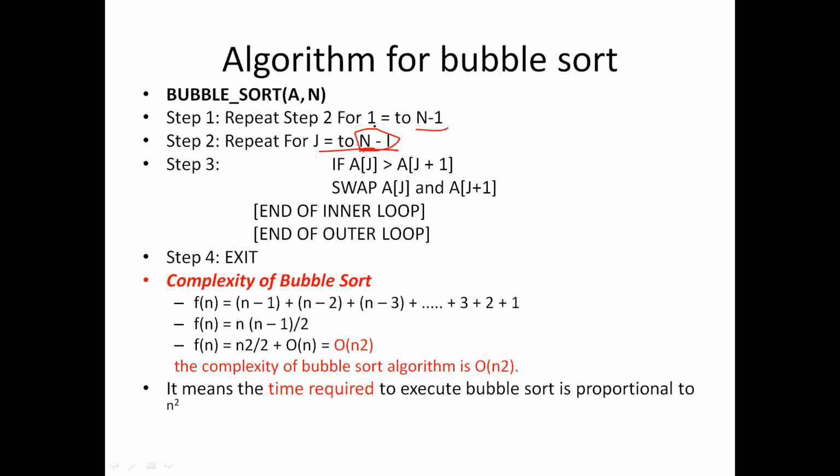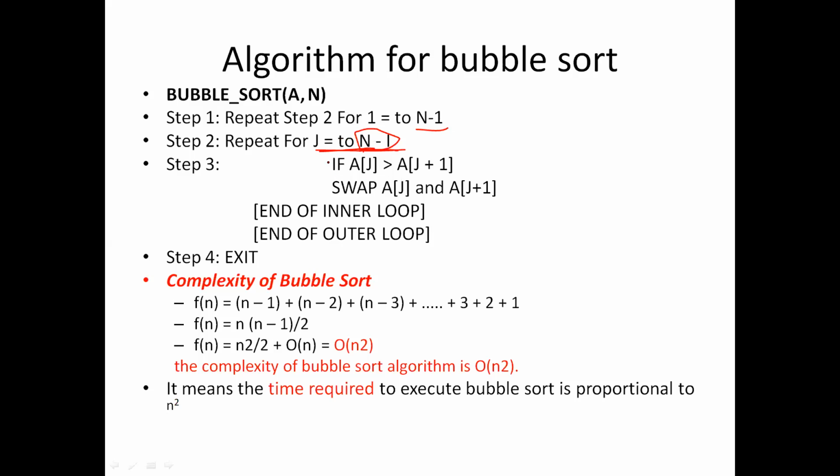For example, when the pass is 1, it goes inside and checks from 1 to n minus 1, because in the first pass I have to do as many steps as the number of elements. That's why I'm writing n minus 1 here.